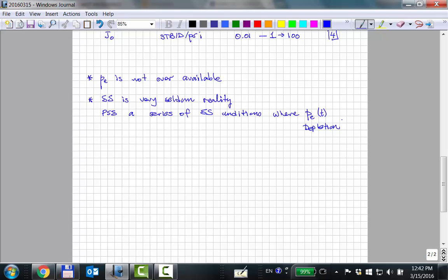What is available is what we call some average, a volumetric average pressure within the rw to re for a radial cylindrical geometry, within the drainage volume. It's just a volumetric average.